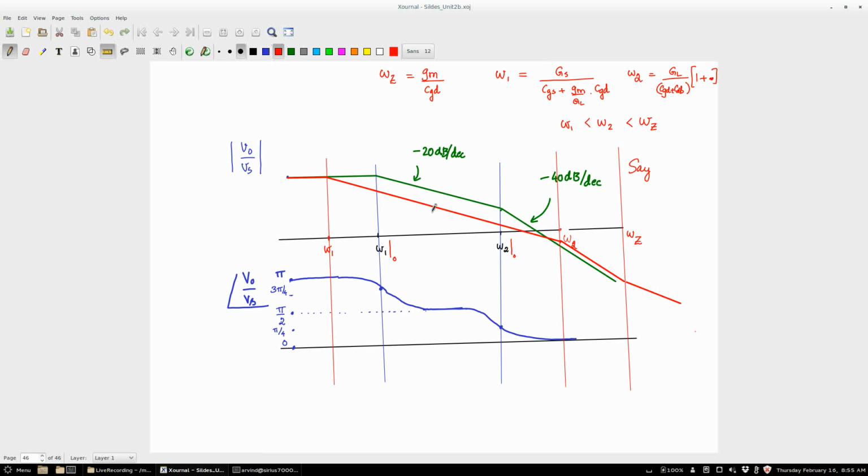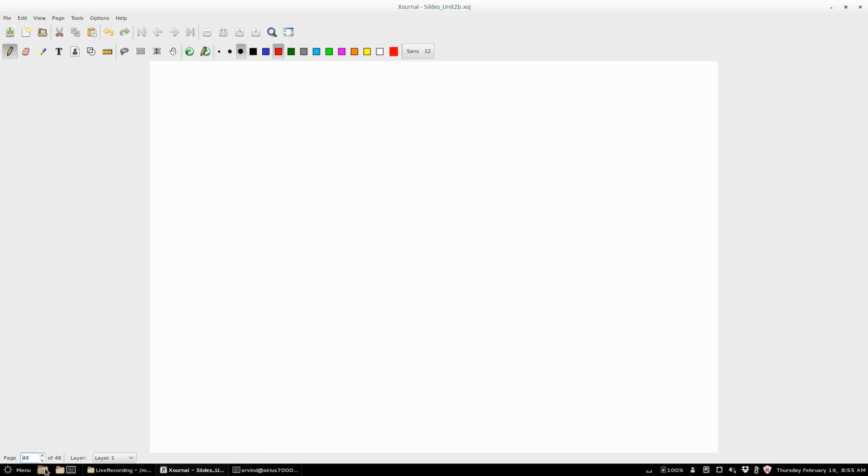So you should have minus 40 from here till there, and then again minus 20. It should look something like that. So this will be minus 20, this will be minus 20. You know what that means, right? And that is minus 20.